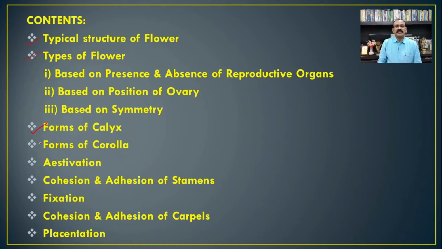Then forms of the calyx, forms of the corolla, types of estivation, then cohesion and adhesion of stamens, cohesion and adhesion of carpels, and placentation.